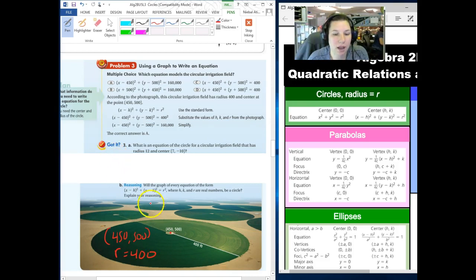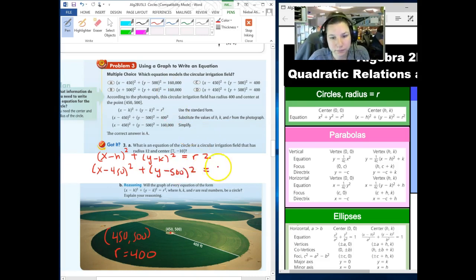So if we put that into this equation, x minus h squared plus y minus k squared equals r squared, it's going to be x minus 450 squared plus y minus 500 squared equals 400 squared. It's going to be 160,000, which I believe matches up with this one.